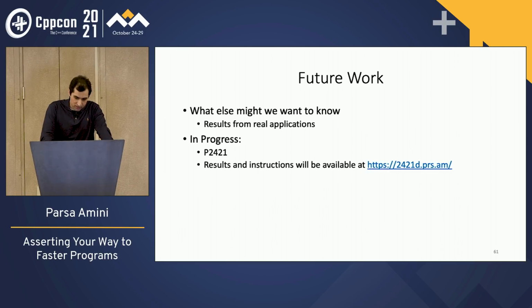That's not all. What's left is we need results from real applications. These were tests and micro benchmarks. That is still something to do, and obviously I still have to finish the paper.